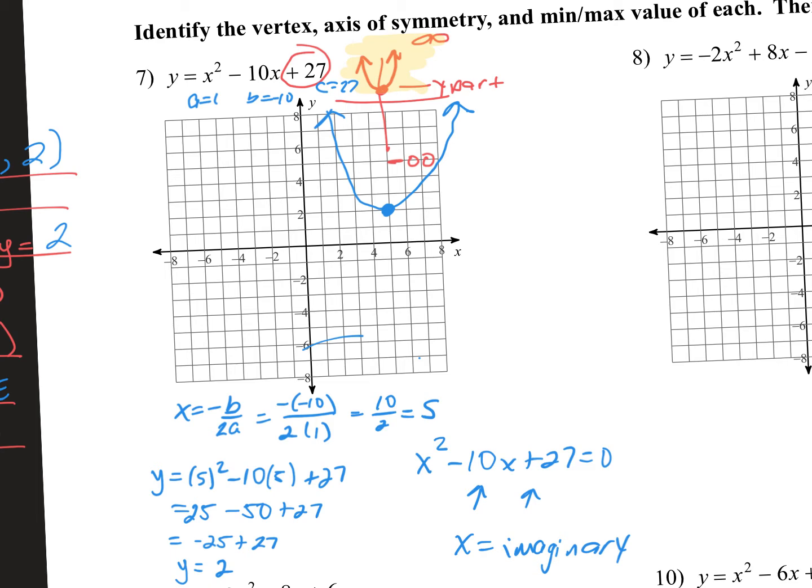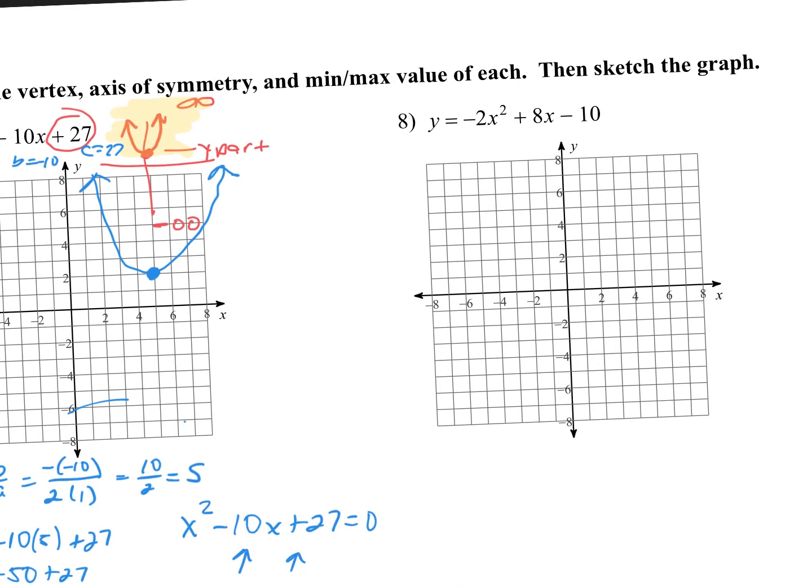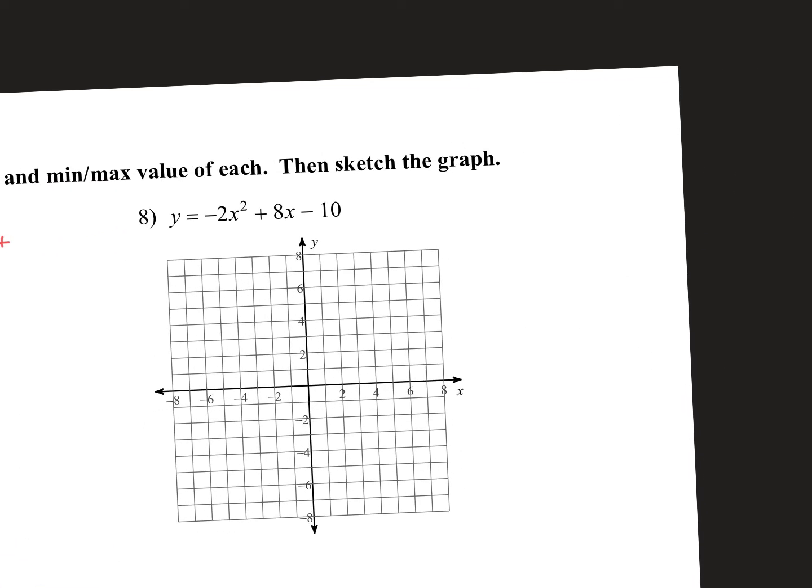No? Okay. All right, let's do all the things again. We're going to do it right here. We're going to find the vertex, axis of symmetry, max and min, domain, range, x-intercept, y-intercept. Again, first thing you should do is look at your initial equation.